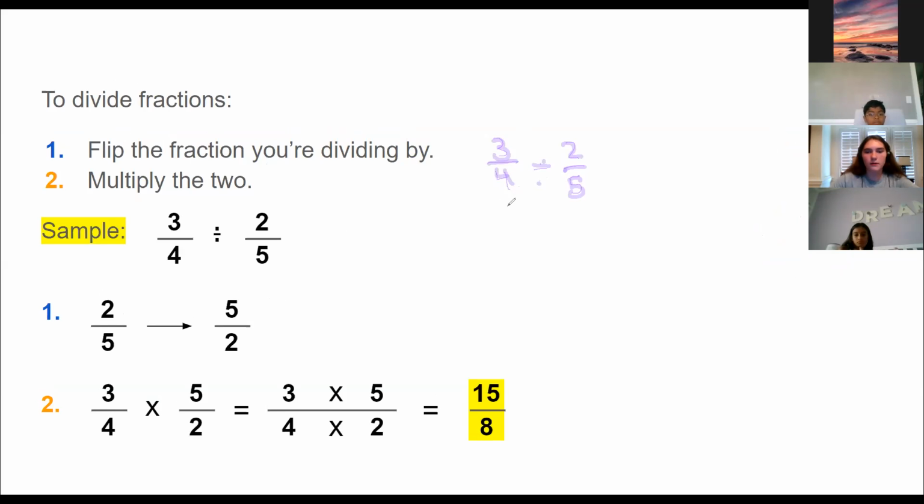A little thing that my teacher taught me was keep, change, flip. So we keep this first fraction the same, we change the sign of this one, and then flip the fraction here. So keep 3/4, we change the sign, and then flip. And then we multiply them. So 3 times 5 is 15, and 4 times 2 is 8, giving us 15/8.